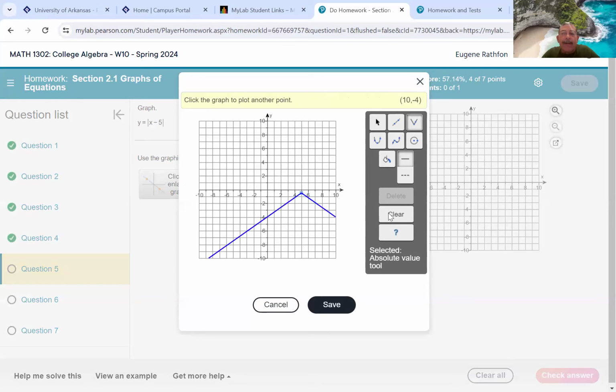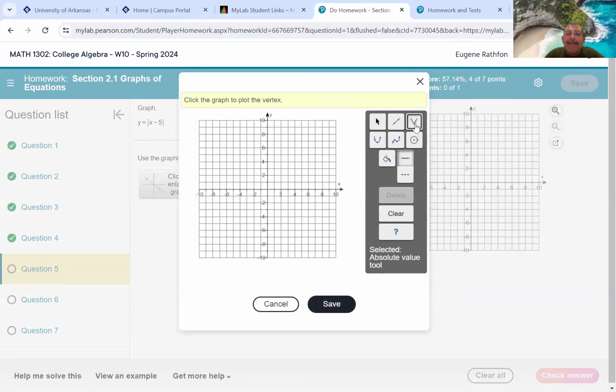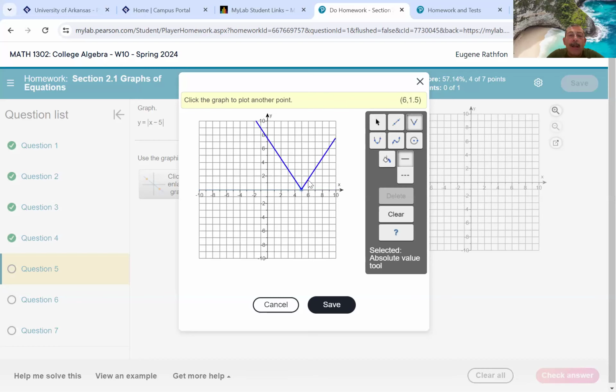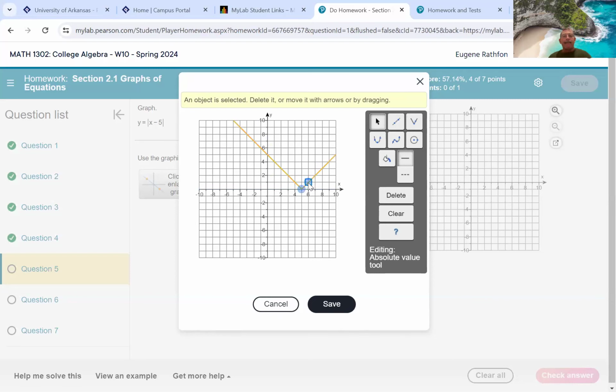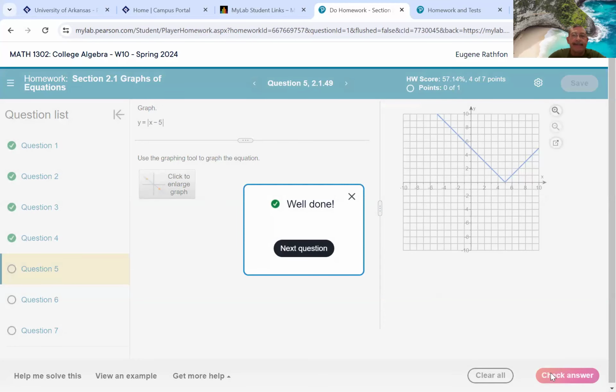MathXL's picky, I ain't gonna lie. All right, so 5, 0 looks like right there. And then I had 6, 1, so I'm going to go right 1 and up 1. All right, there's our absolute value. So we're going to save that, and then you would check your answer.